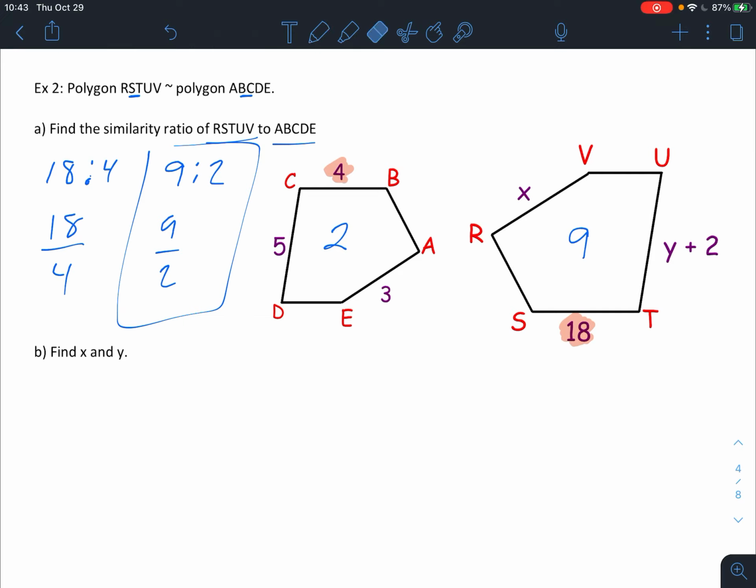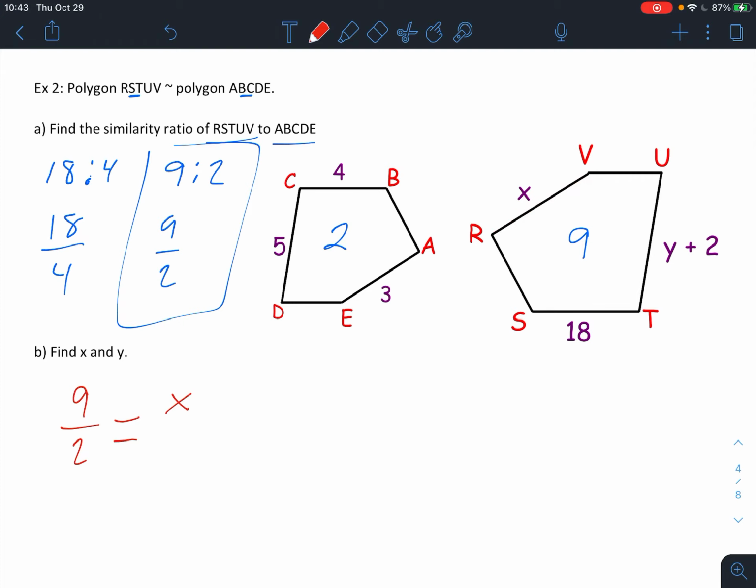Let's start with our proportion, 9 to 2 equals. We want to find x. X is in the 9 polygon. So when you write your proportion out, make sure x goes in the same spot 9 goes in. Since 9 was on top, x goes on top. Now we have to think, what does x go with?